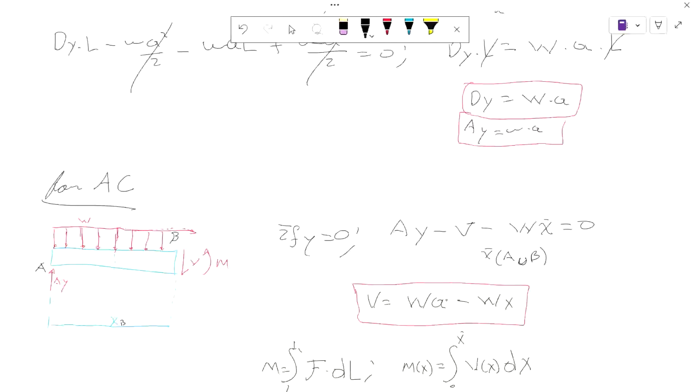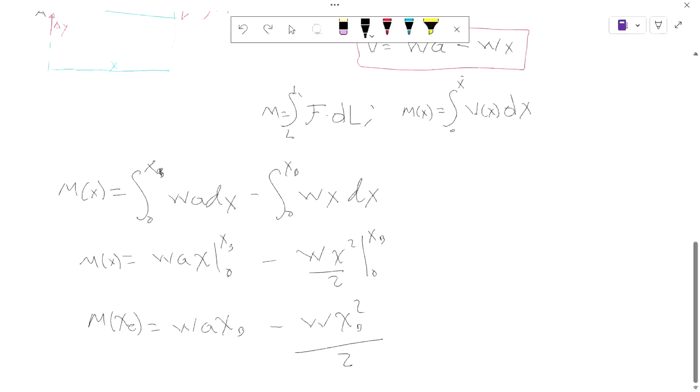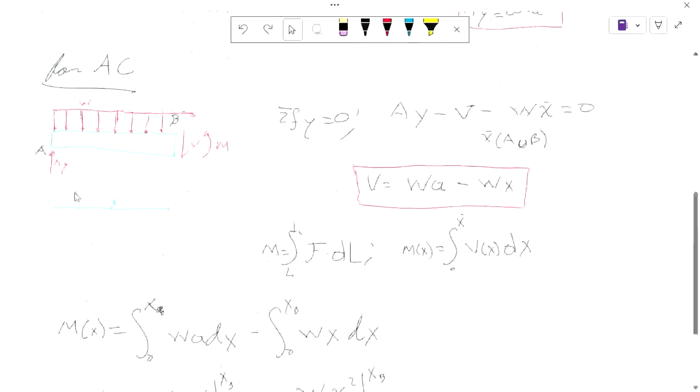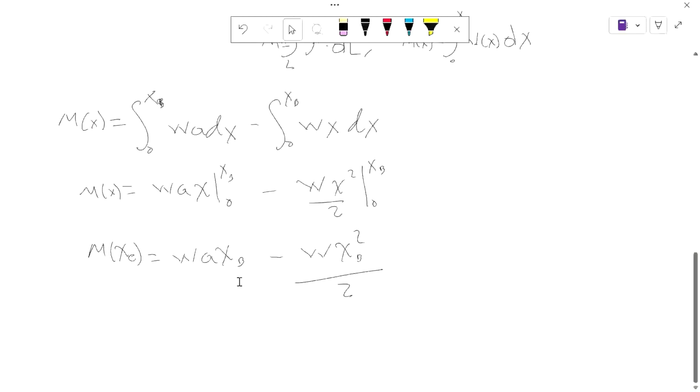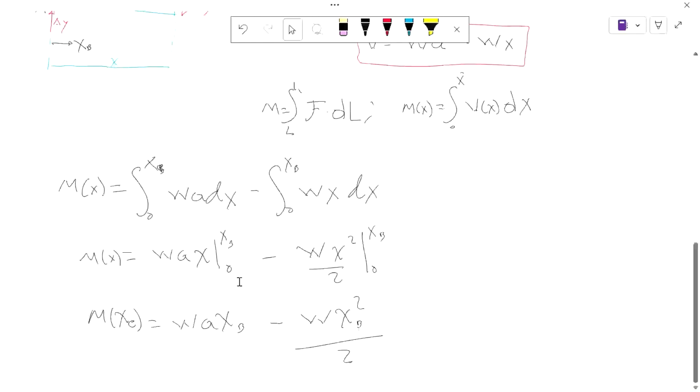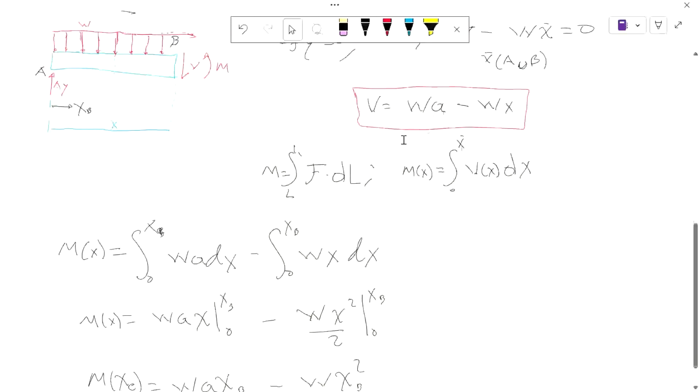All right, so that was a simple way of finding the moment from the shear force. And obviously now we can find the moment with integration because we have a function as the shear force, but most times you just have a number, 110 newtons or 2000 newtons, so you don't really get to integrate to find the moment.